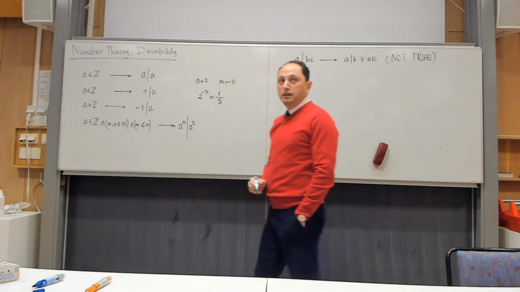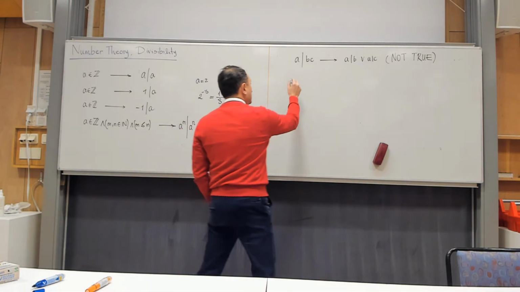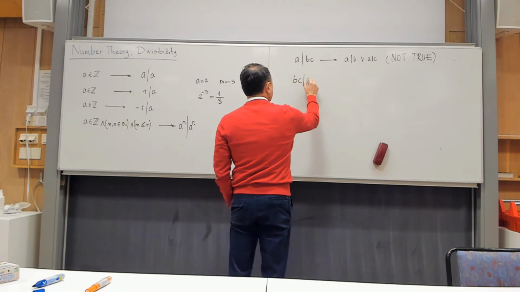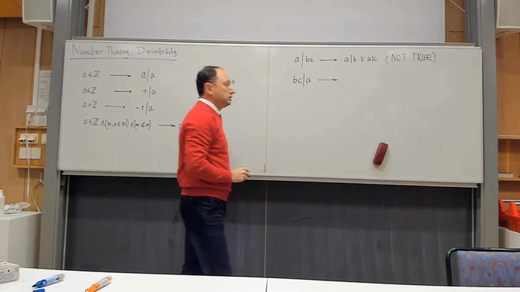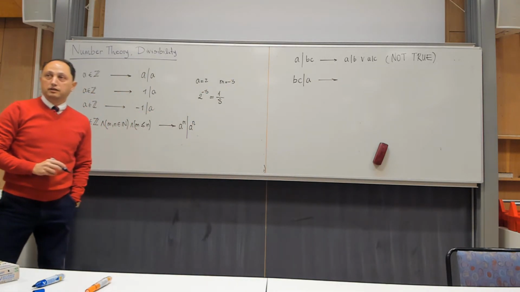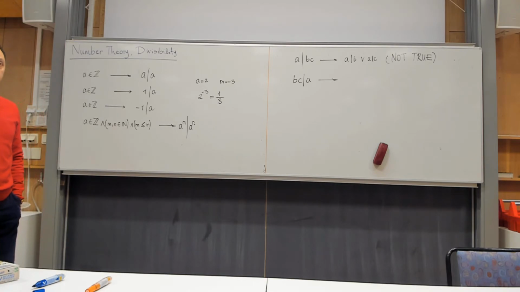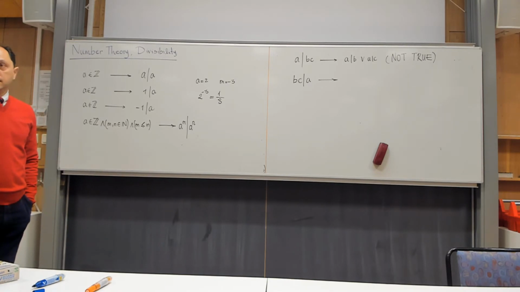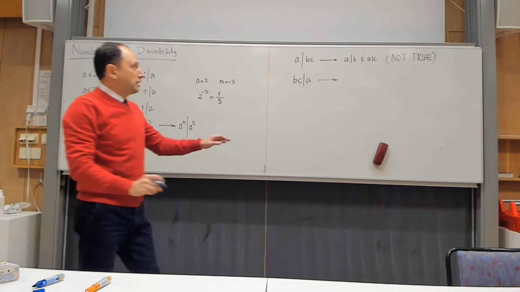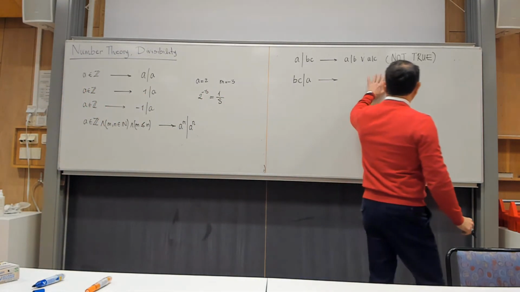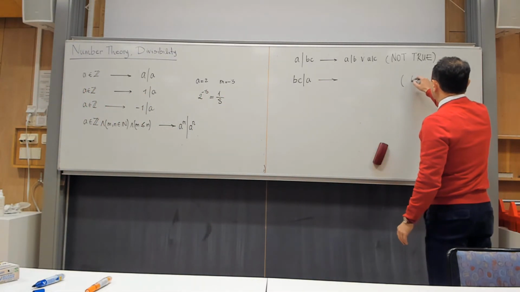Okay? Now let me change the direction. Can you tell me what I can conclude, if I can conclude something? I want you to write two statements here so that it is true.